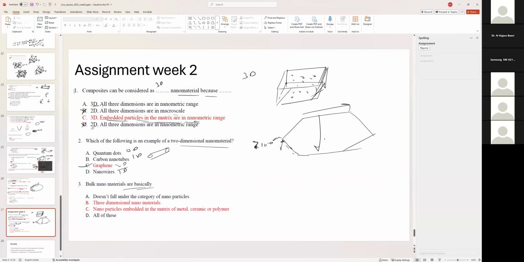Bulk nanomaterials can fall into the category of nanoparticles, nanomaterials. There are three-dimensional nanomaterials. Again, this is an example: I have a 3D object, but it is a composite of a matrix and nanoparticles.